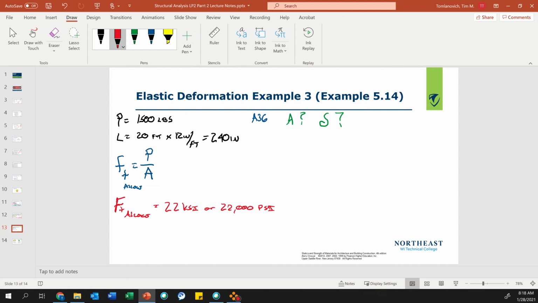So knowing that, now we're going to say FT allow equals P over A. Okay. Now we want to solve that equation. So P, we know the load, divided by FT allow equals my required area. Okay?